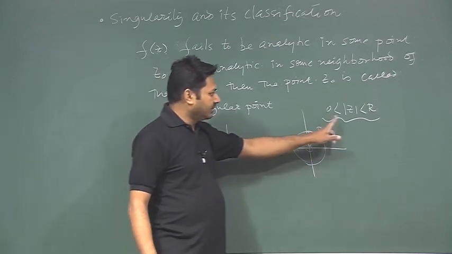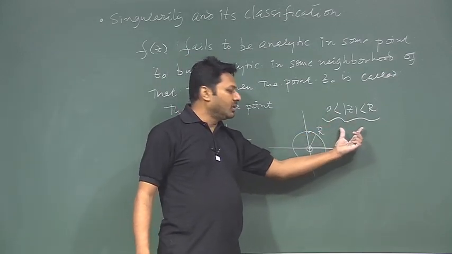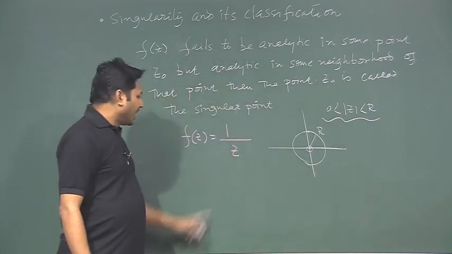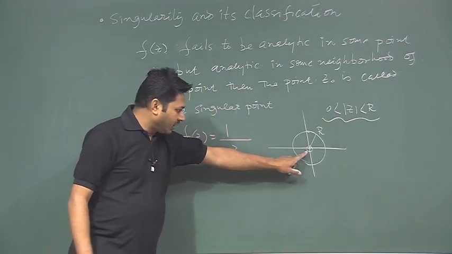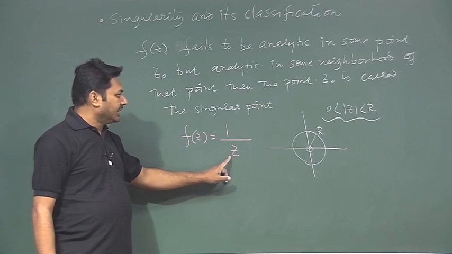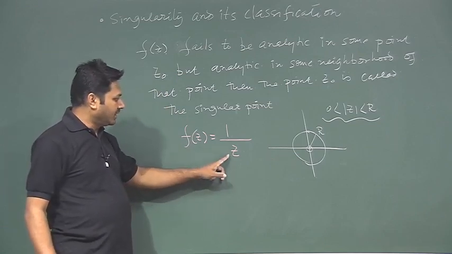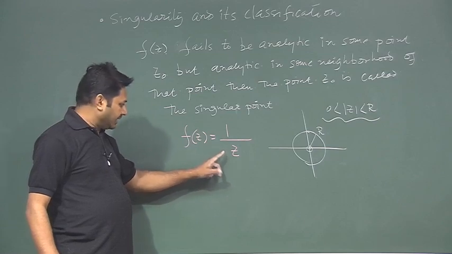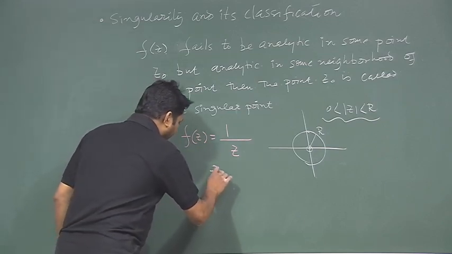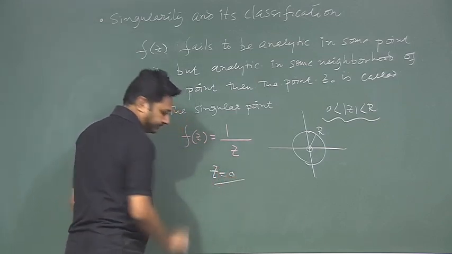However, at that particular point 0, the function is blowing up. So, the function has a singularity at that point. Here the singularity is at z equal to 0.